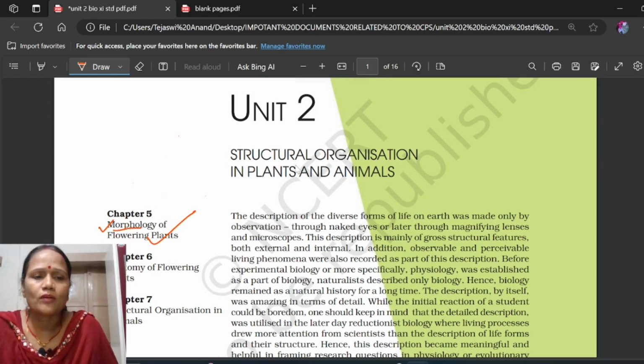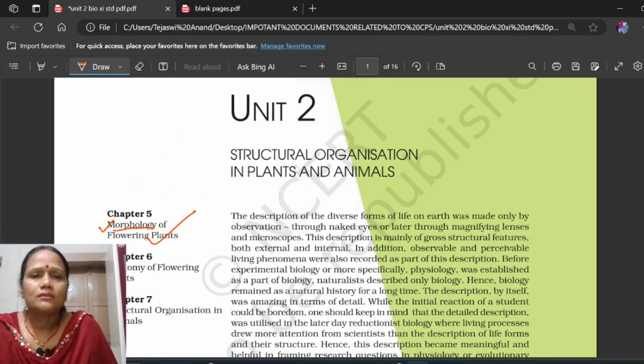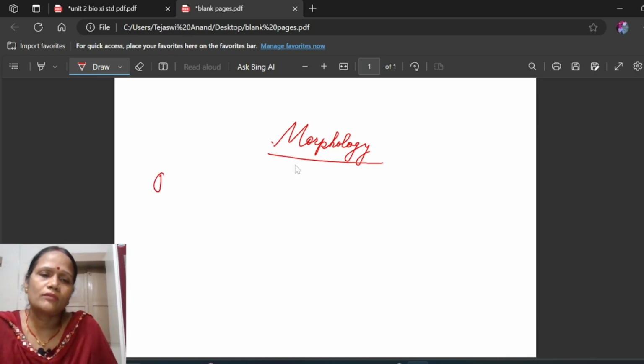What does the word morphology mean? For this, we have to understand the topic morphology. This word is very important for a biology student, because when we study biology, we have to study different branches.